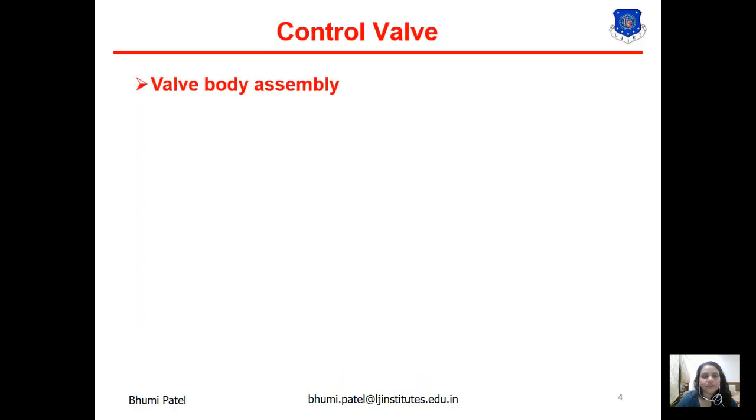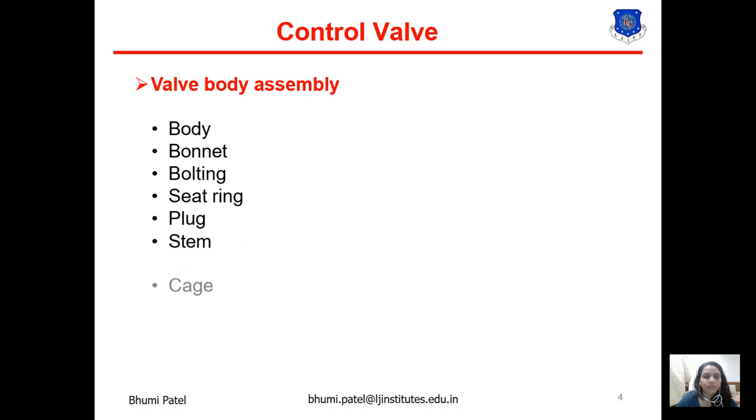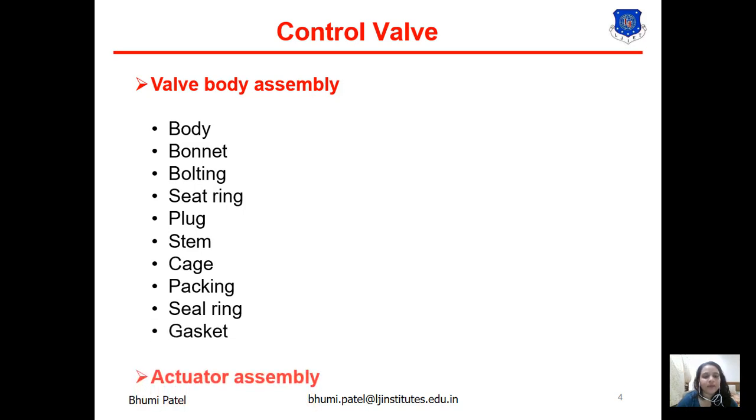Here you can see that in the control valve there are mainly two assemblies. The valve body assembly includes the body, bonnet, bolting, seat ring, plug, stem, cage, packing, seal ring and gasket, and the second assembly is the actuator assembly.